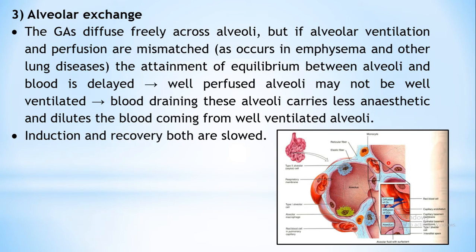At that same time, if the inhalation does not take place, then it will affect the entry of the general anesthetic in your blood circulation. So again over here your induction of the anesthesia and the recovery both will be slowed down if there is any mismatch with the ventilation and the perfusion, as occurs in case of emphysema.